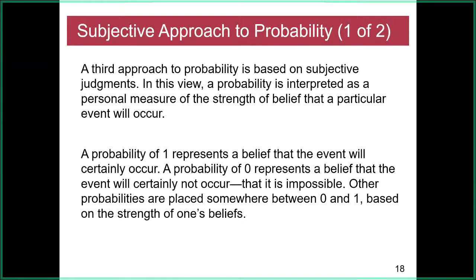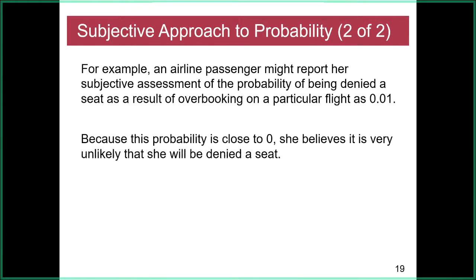Two people will approach a subjective probability and come up with different answers. For example, an airline passenger might report their subjective assessment of the probability of being denied a seat as a result of overbooking. They might just say it's 0.01. Because it's close to 0, what they're saying is they think it's very unlikely.